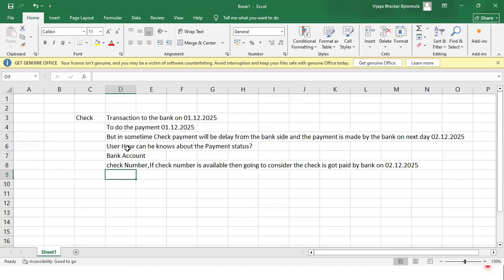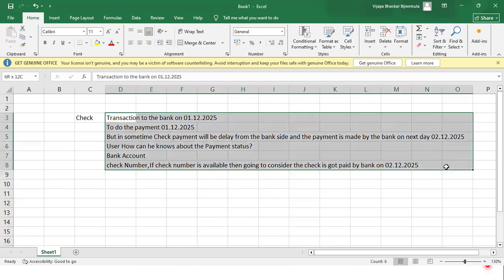This is the process that is happening in the system right now. This process is time-consuming and delayed. Sometimes the user forgets to track all of this.